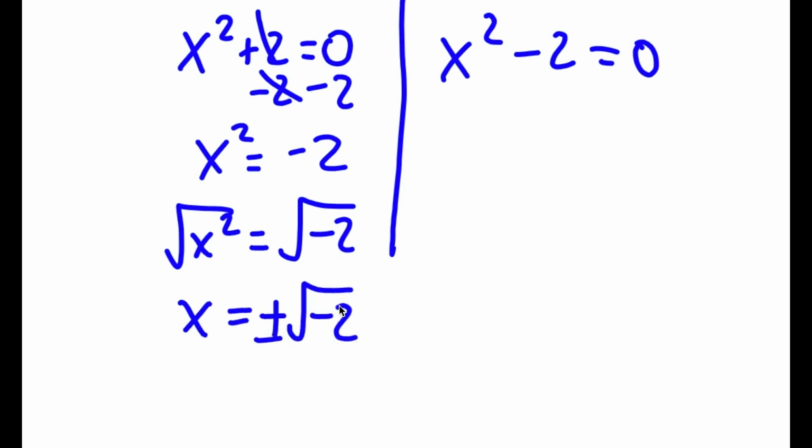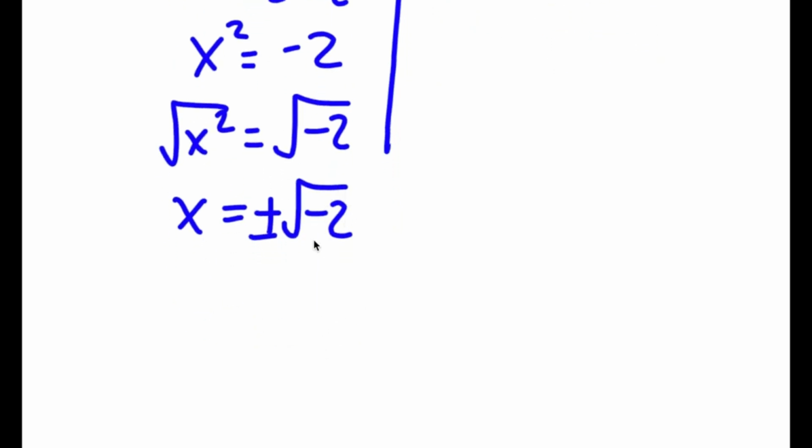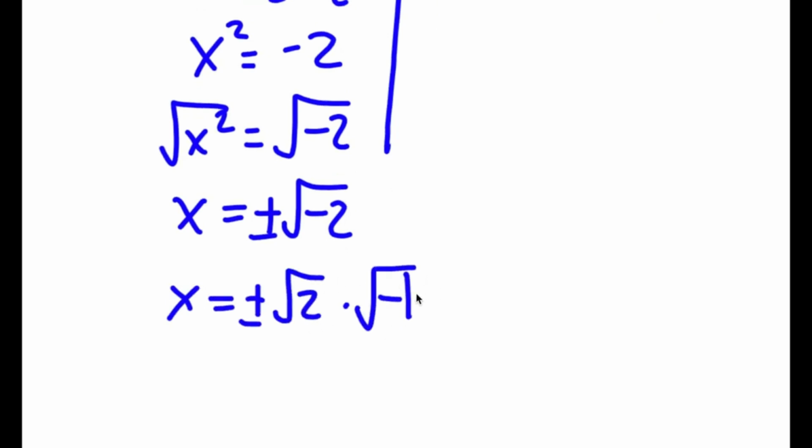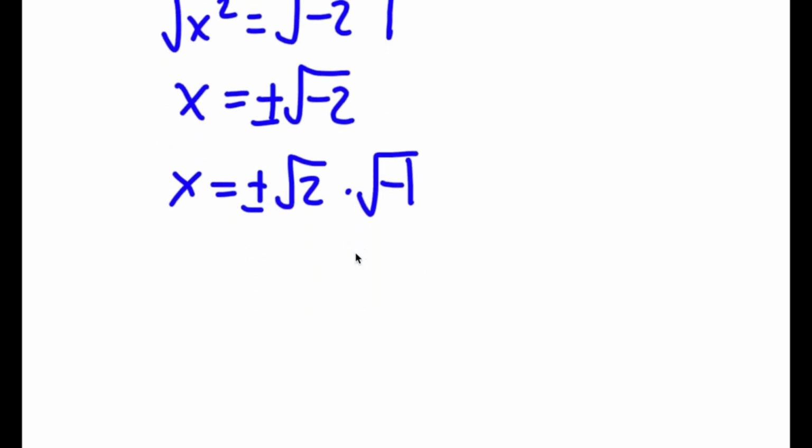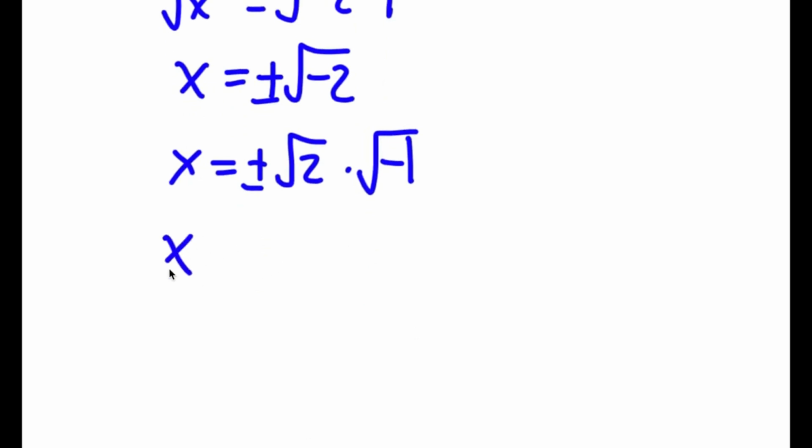And if you guys didn't already know, the square root of negative 2, I can rewrite that as the square root of 2 times the square root of negative 1. And the square root of negative 1 is actually equal to the imaginary number i. So I get x is equal to positive or negative square root of 2 i.